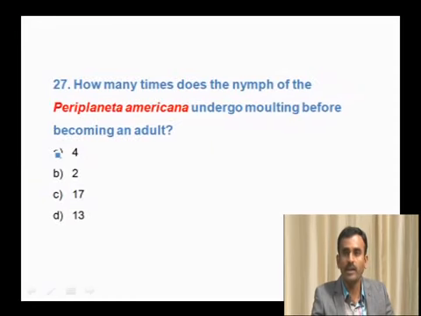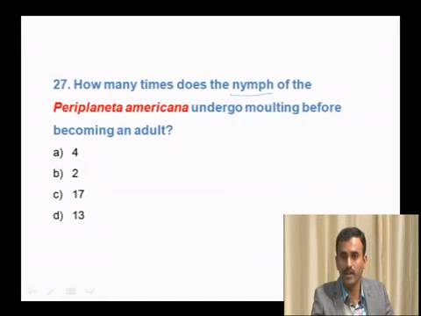How many times does the nymph of Periplaneta americana cockroach undergo molting before becoming an adult? Molting is the shedding of exoskeleton, and the development in case of cockroach is indirect. It consists of several morphologically distinct stages called nymphal stages. To develop from nymph to adult, Periplaneta americana undergoes molting.